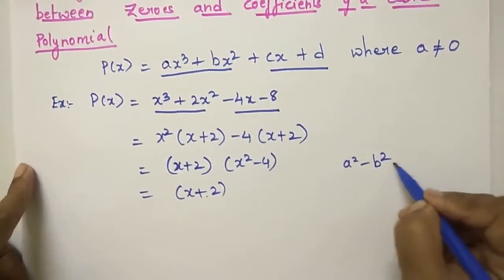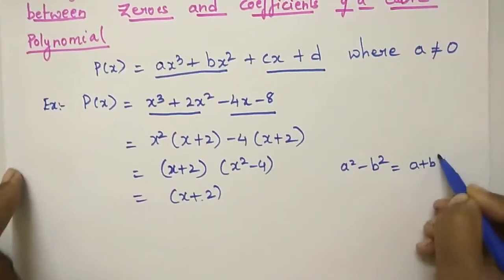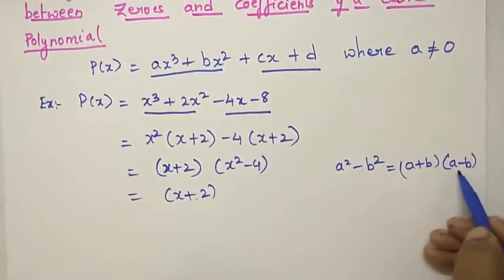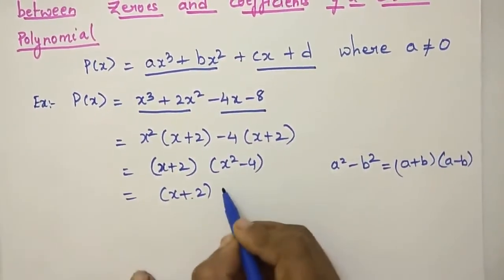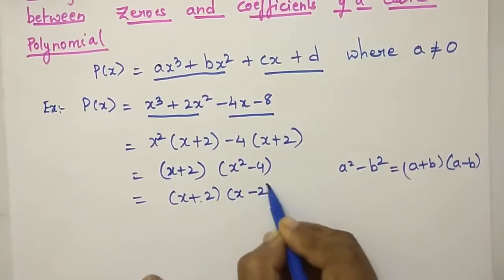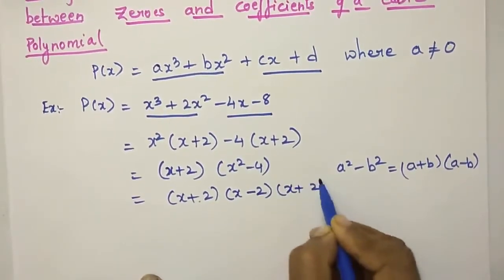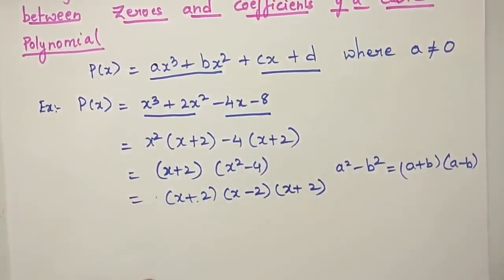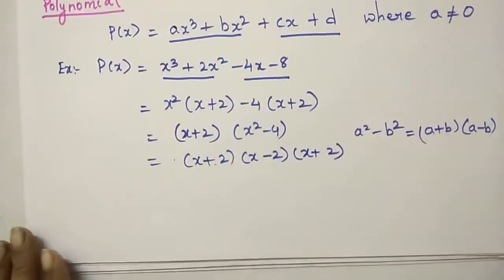This is equal to a plus b into a minus b, right? So, using this algebraic identity, we can express this as x minus 2 into x plus 2. So, we got three linear polynomials with a number 1. Okay, first we have verified.